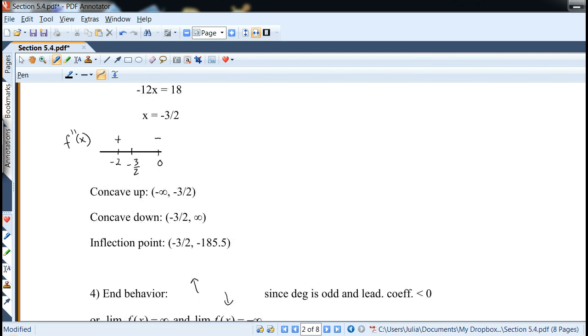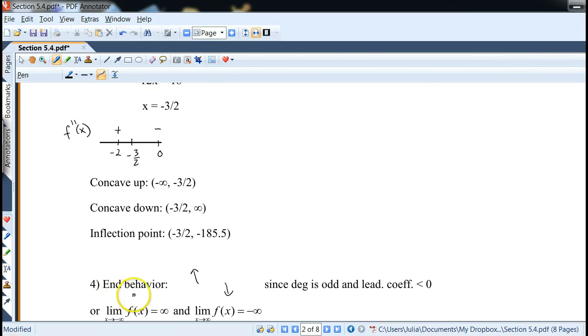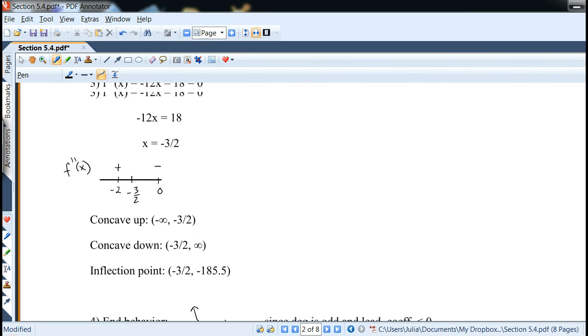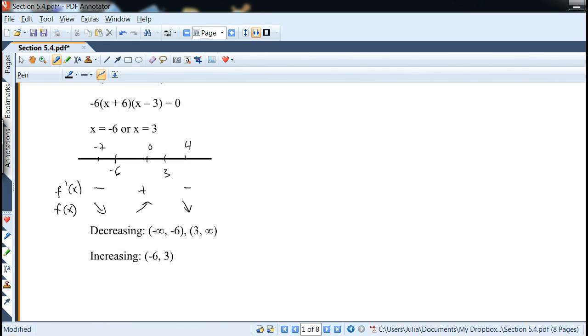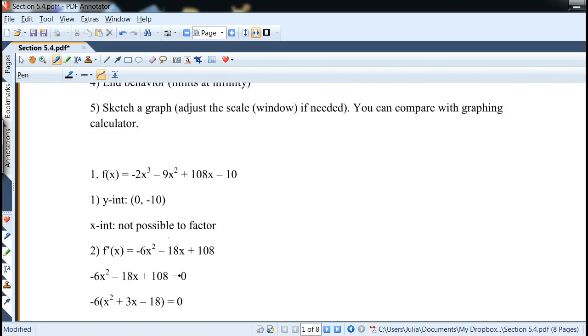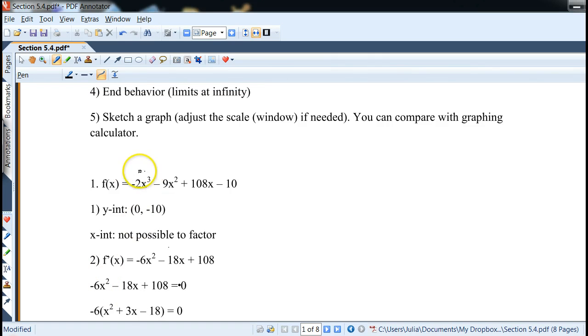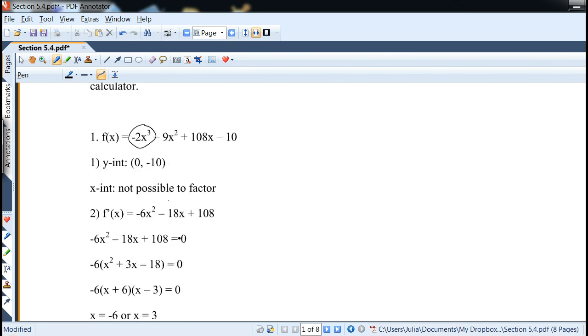Okay. Step 4, end behavior. If you recall, let's take a look at the original function, if I can scroll up real quick. To get the end behavior, we must focus on the leading term, which is negative 2x cubed. Notice degree is 3, but the leading coefficient is negative.